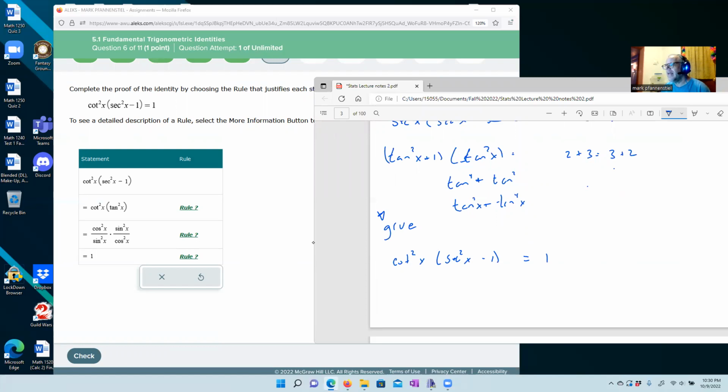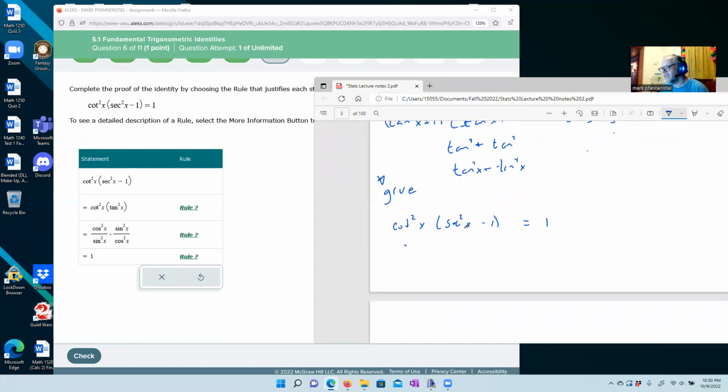Let's see here. Cotangent, this is probably not going to be the correct decision to go in. This is going to be cosine squared x over sine squared x. What's secant squared? That's going to be 1 over cosine squared. Minus 1, maybe. That's 1 over cosine squared.